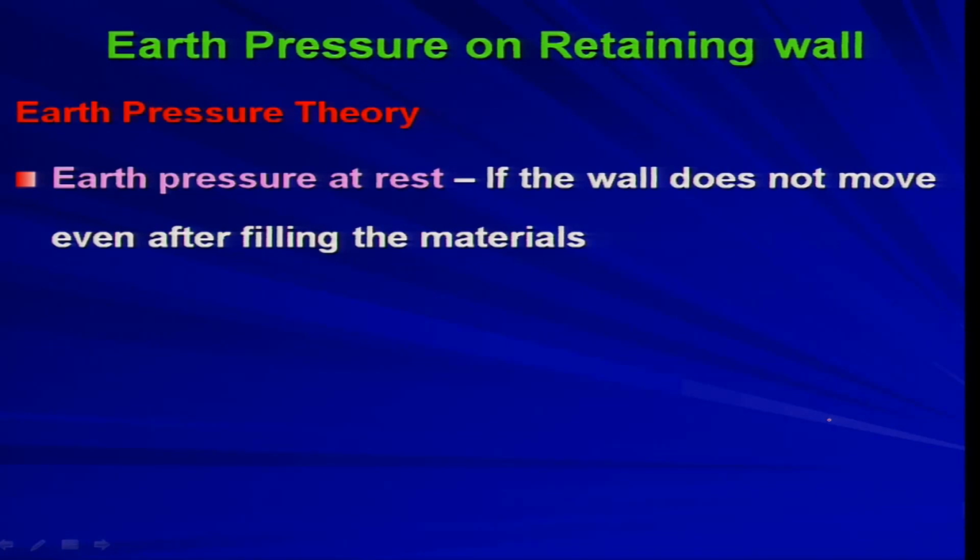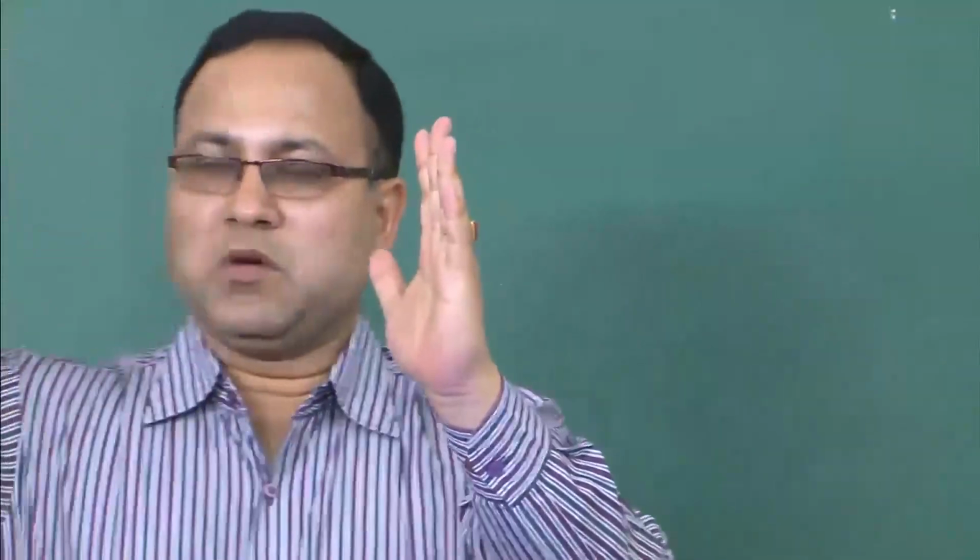Whenever we are talking about earth pressure, earth pressure is nothing but the lateral pressure. As we have seen in the previous drawing, you have the retaining wall, and on one side you have the built up area or any other civil engineering structure, and on the other side you will have the backfill.